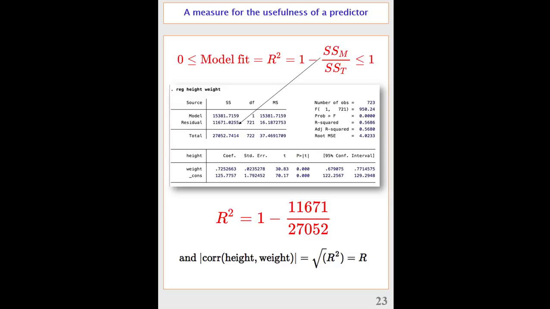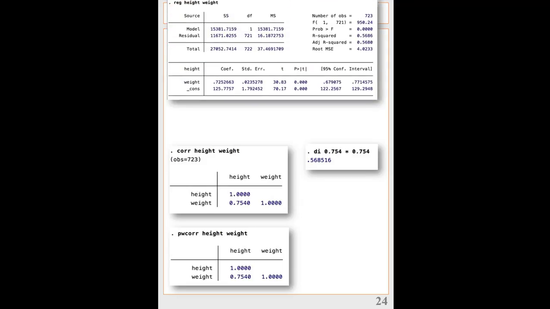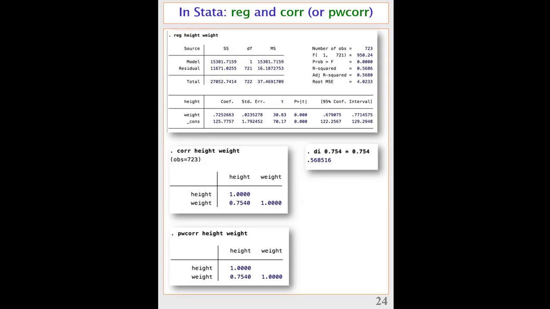These are two ways to do basically the same thing, and to show you that it actually is the same, I have the example right here. Again, regression of height on weight. This is the same table that we saw before. I can also type here the correlation between height and weight, and here it is, 0.75. There's another way to do the same thing through piecewise or partwise correlation. I'll get to what the difference between the two is in a minute.